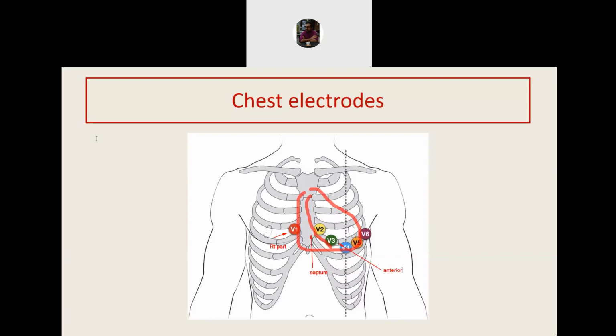And V5 and V6 are towards the axilla, so they are looking at the left ventricle or the left lateral wall of the heart. So information about different parts of the heart can be obtained from these different leads. This is only about the chest leads. I will also talk about the limb leads. So is this clear to everyone?